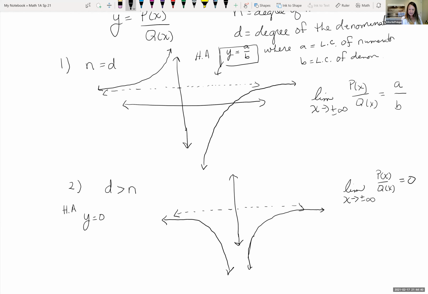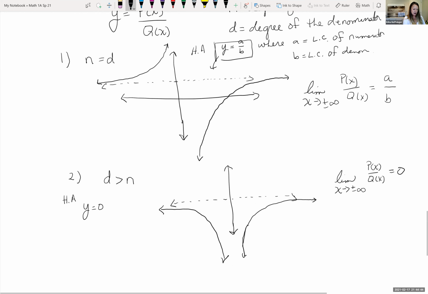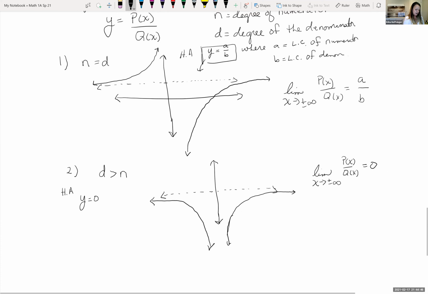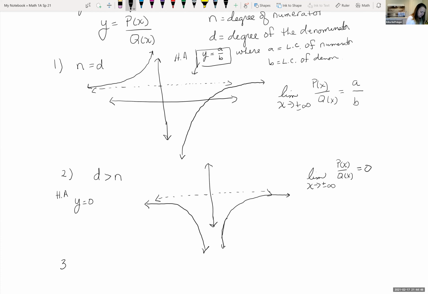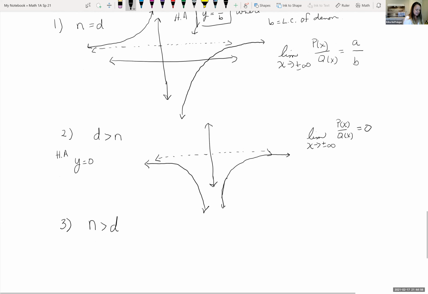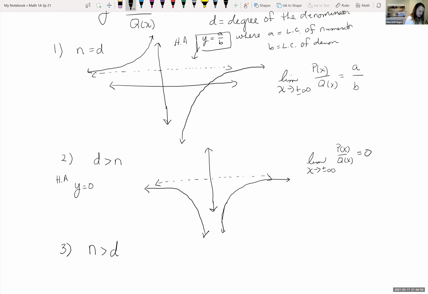And then the last case scenario was if the degree of the numerator was larger. So the degree of the numerator, n, is bigger than the degree of the denominator, d. If that's the case, then there is no horizontal asymptote.